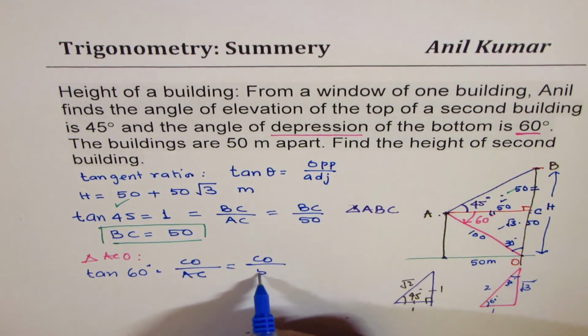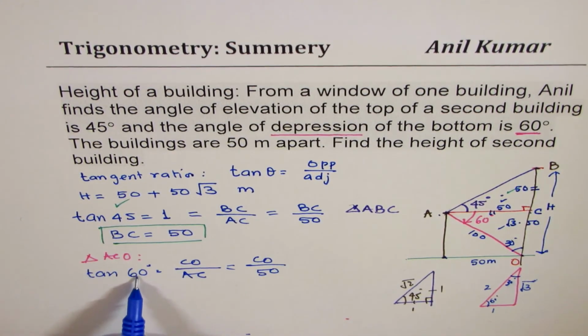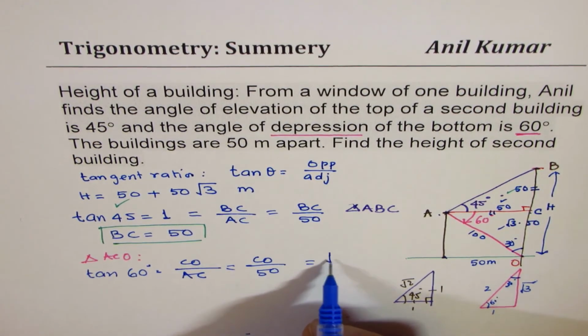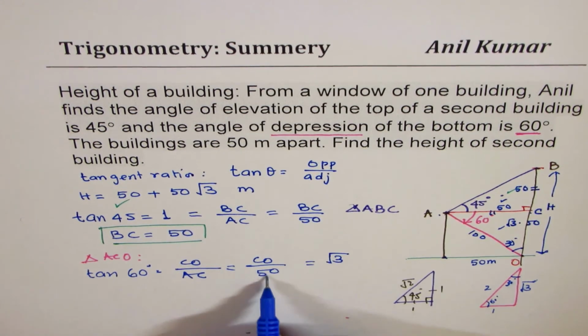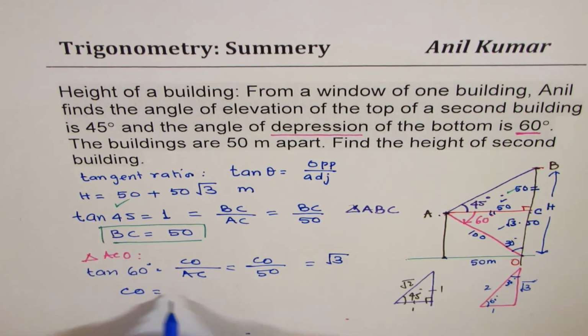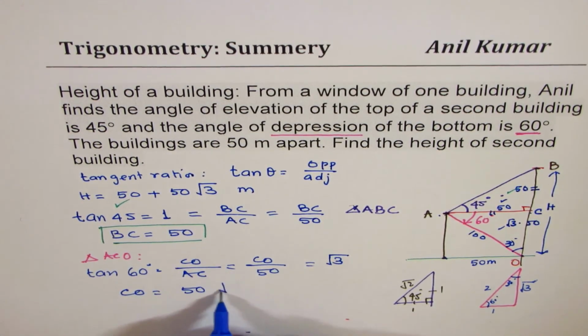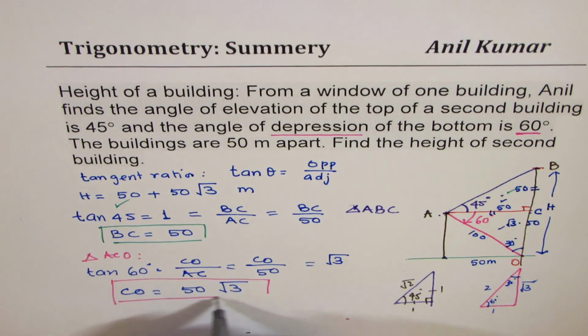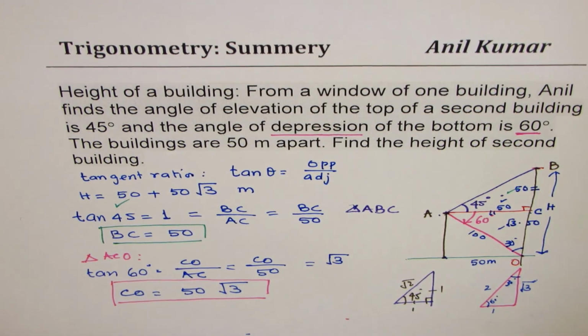AC is given to us as 50. And what is tan 60? Tan 60 is square root 3. So with cross multiplication, we get CO equals 50 times square root 3. Is that clear to you? So for the second triangle, we get CO as 50 times square root 3.